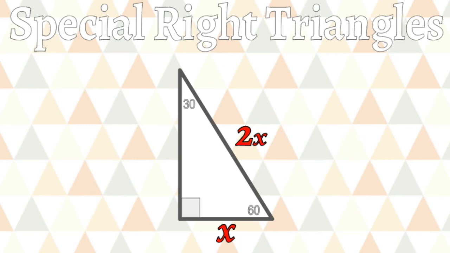And then the side across from the 60-degree angle, that's our weird side. We always are going to have a square root of 3 in front of it, and it's x times the square root of 3. That's what we did yesterday when we took that equilateral triangle and cut it in half and did the Pythagorean theorem to find this missing side length, the x root 3 side length.